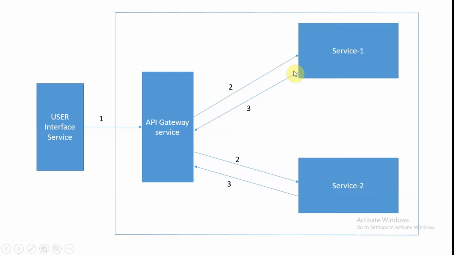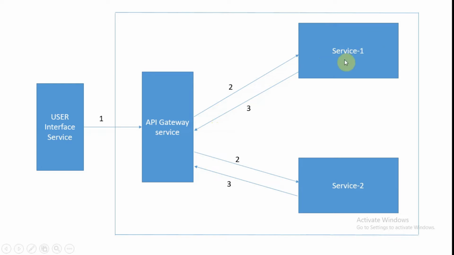Once the call goes from the user interface to the API gateway, the gateway decides which microservice this call is required for, and forwards the request, either to service 1 or service 2.